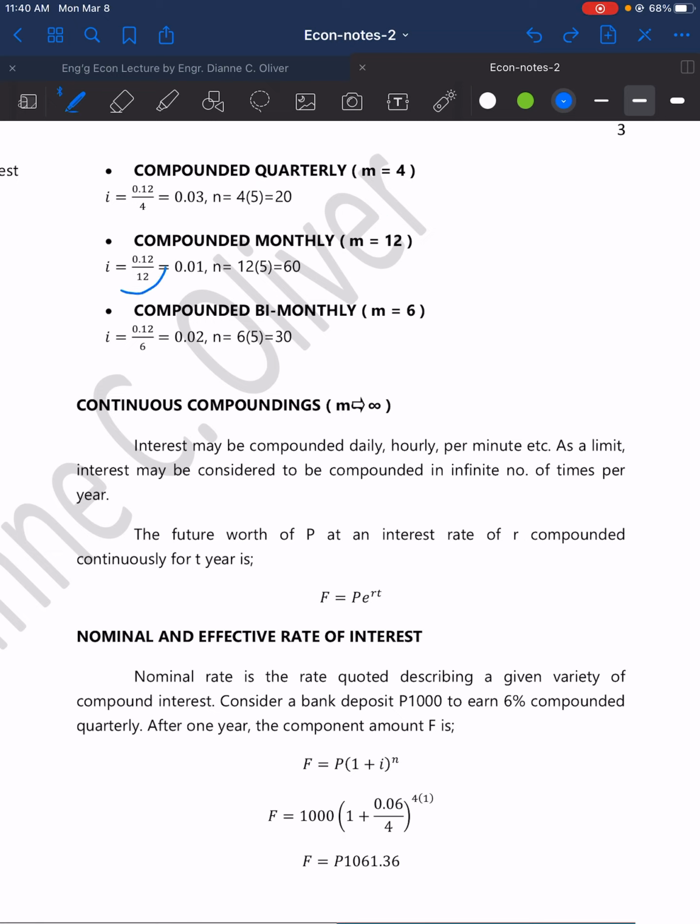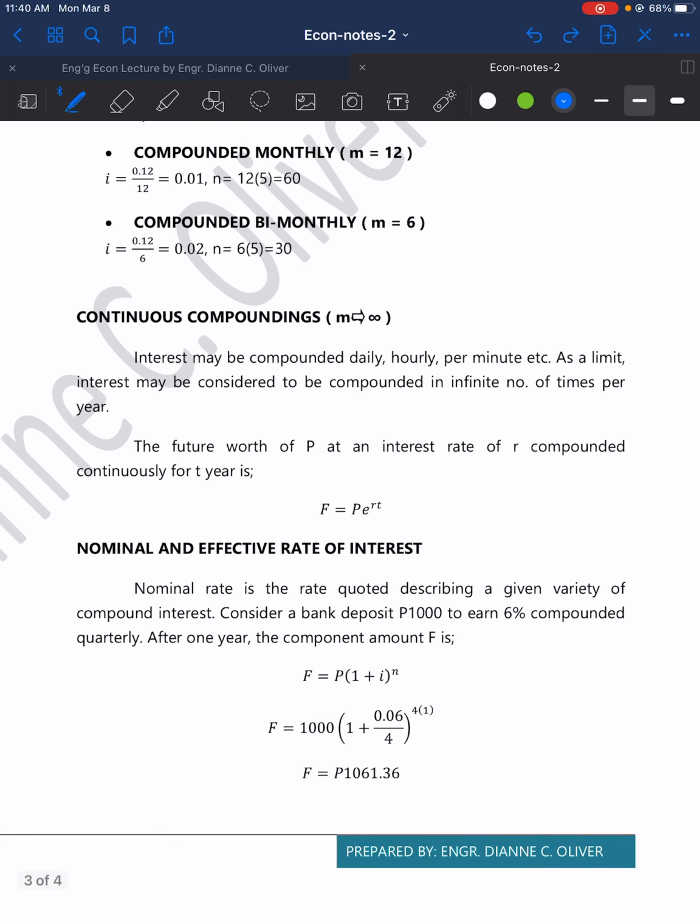So i becomes 0.12 divided by 12, and n becomes 5 times 12. Then we have compounded bi-monthly, so we have m is equal to 6. i becomes 0.12 divided by 6, and n is 5 years multiplied by 6.